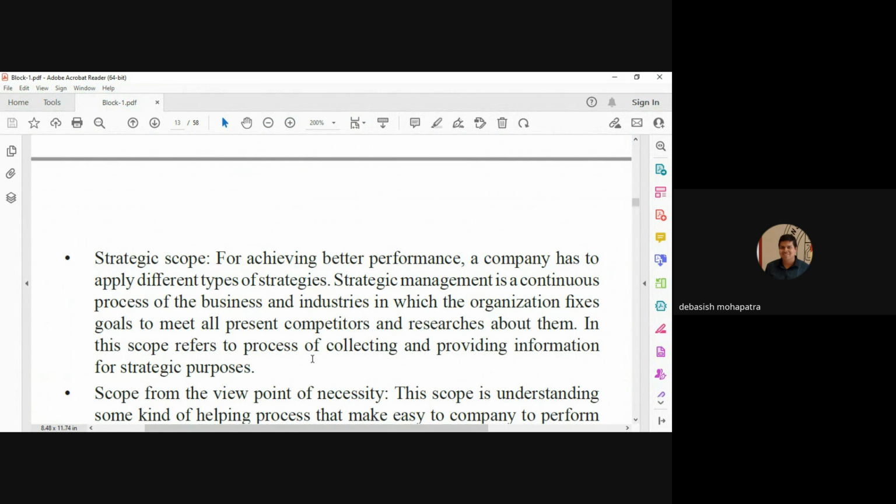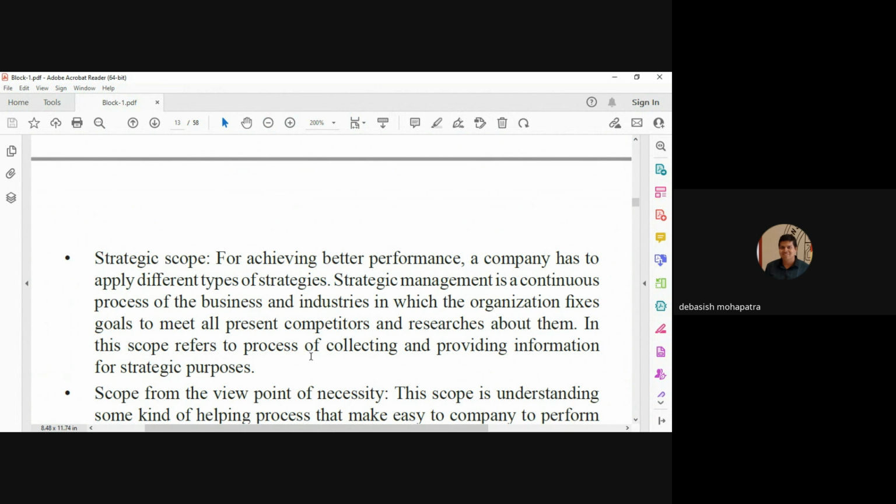Then comes the strategic scope. For achieving better performance, a company has to apply different types of strategies. So strategy has to be managed in a continuous process of the business and industries in which the organization fixes goals to meet all present competitors and research about them.